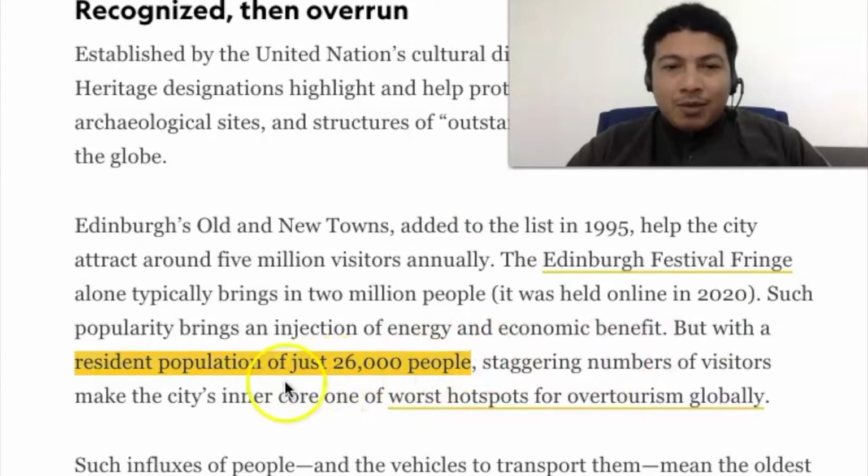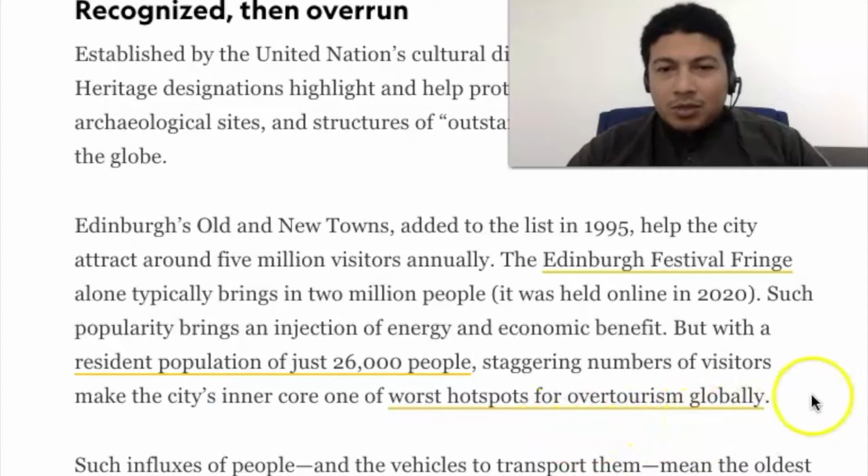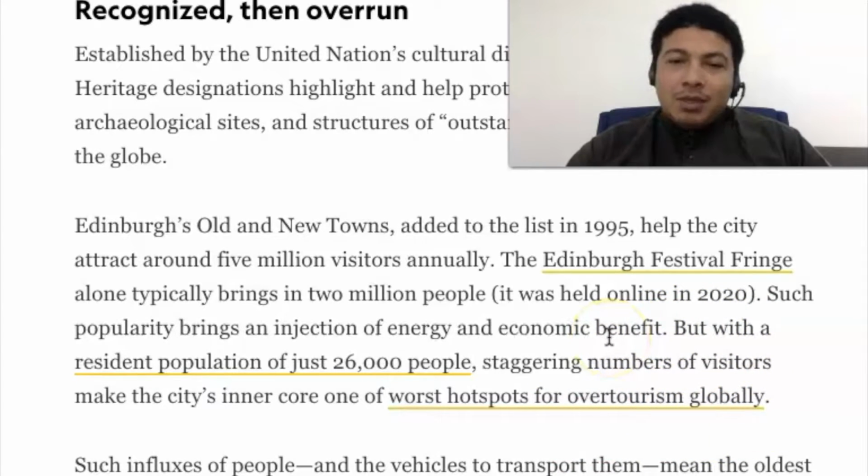However, with a resident population of just 26 million people, the great number of visitors makes the city's core one of the worst hotspots for over tourism globally. So because there are too many tourists, it has become what we call over tourism. So it is bad for the city.